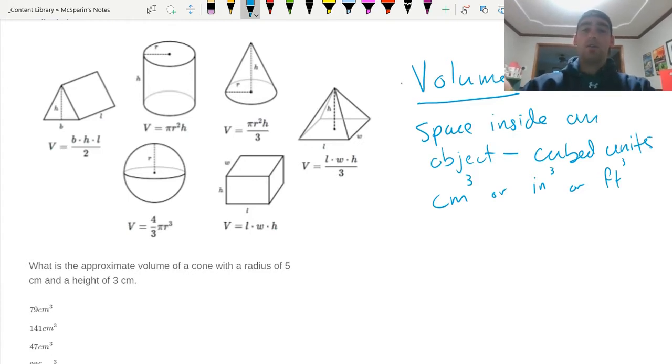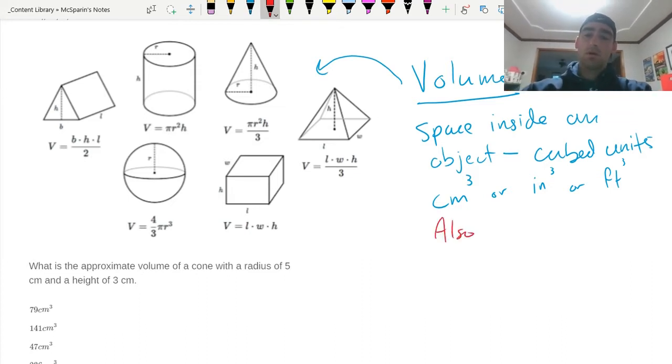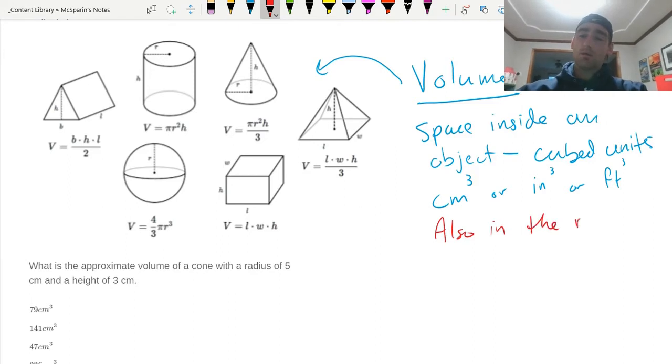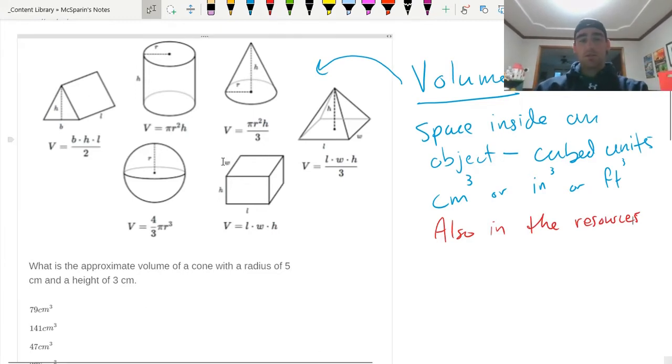I have given you all the volume equations you will need right here. This is also in the resources, right? So it's actually in Summit. Let's go to Summit real quick.